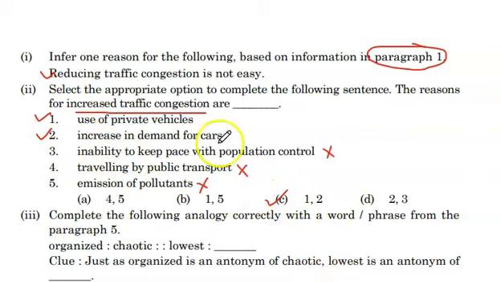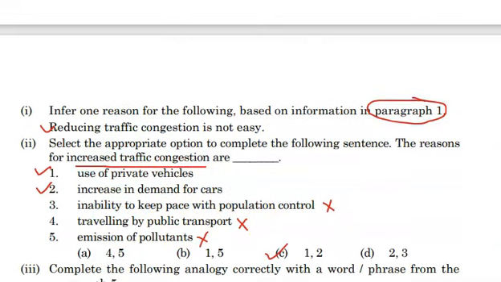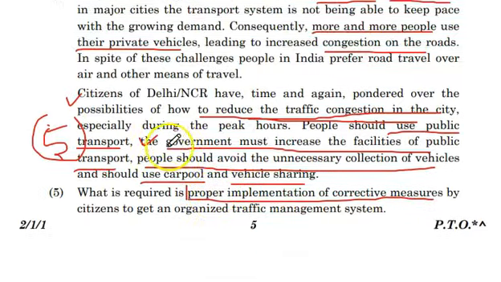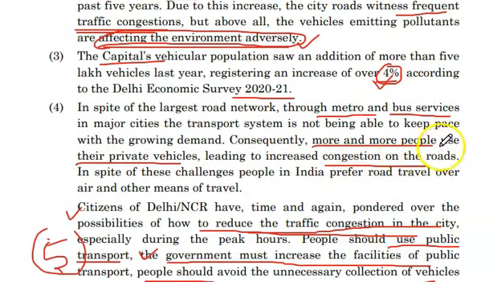Let us see where these points are given. So use of private vehicles and increase in demand for cars. If we go to paragraph number 4 here, this is the use of private vehicles.